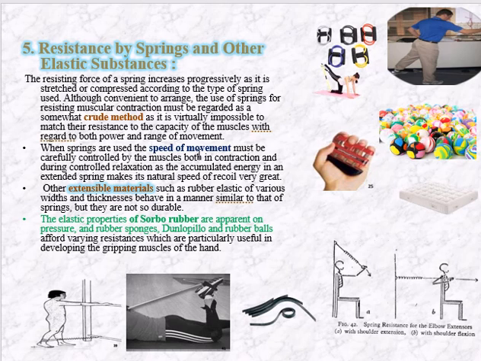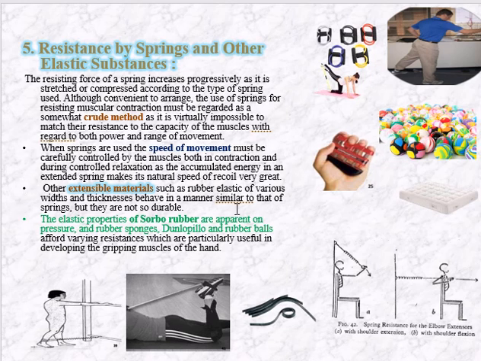When springs are used, the speed of movement must be carefully controlled by the muscles both in contraction and during controlled relaxation, as the accumulated energy in an extended spring makes its natural speed of recoil very great.